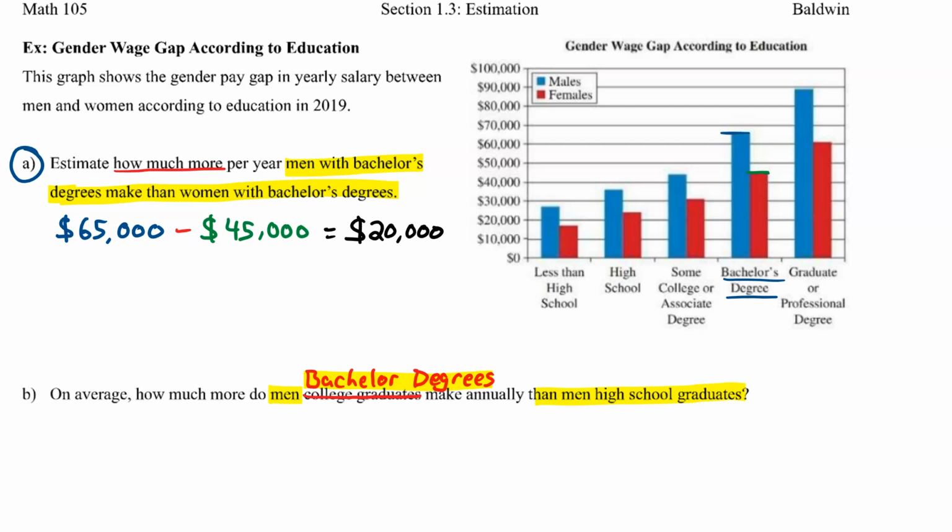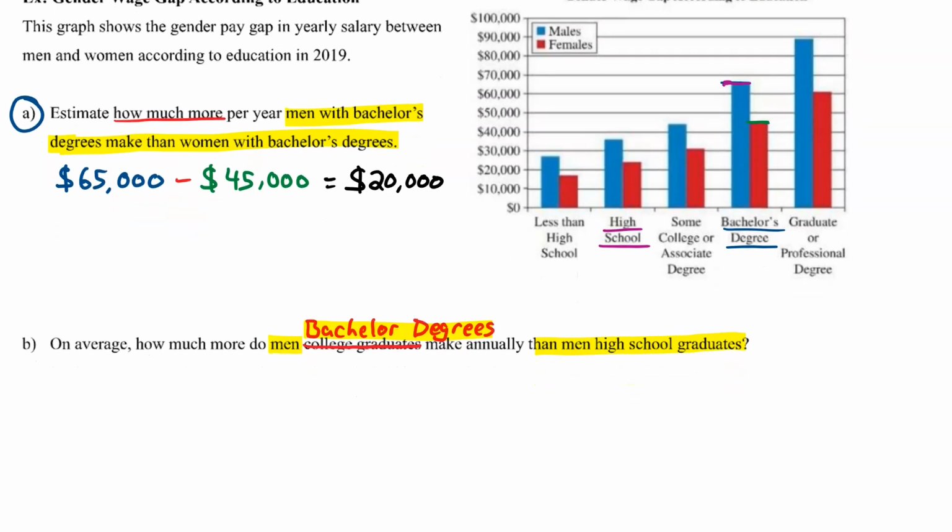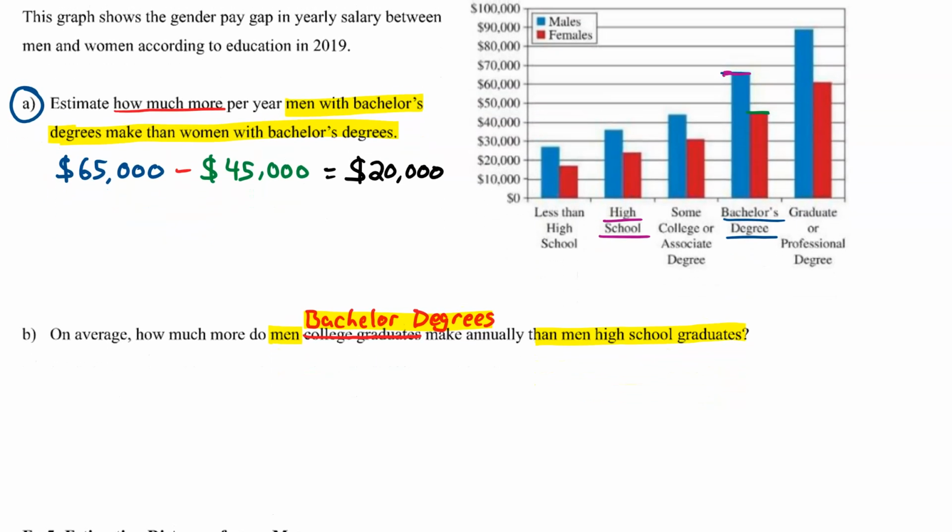Again, our focus is on bachelor degrees, but this time we're also focused on high school. Now we are focused on men in both situations. So for the bachelor's degree, men, it appears, make $65,000.